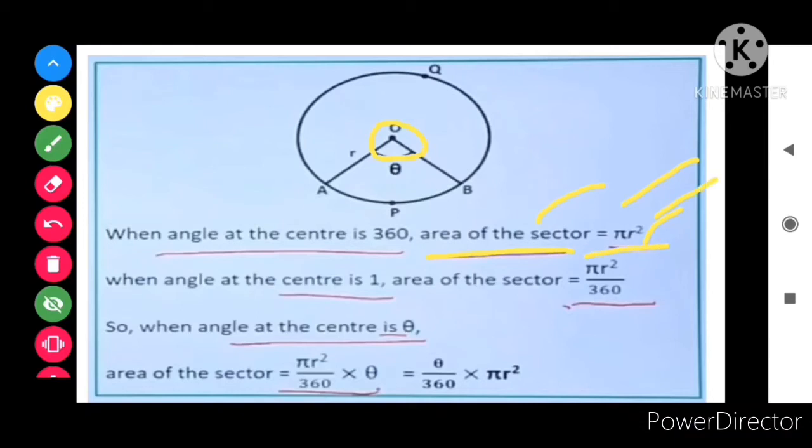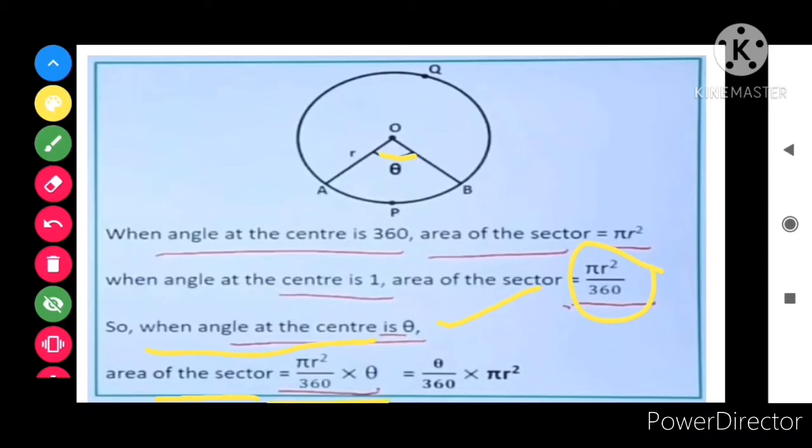Very clear? When the angle at the center is 1 degree, then area of the sector is pi r square by 360. But here we took the angle as theta. So when the angle at the center is theta, then the area of the sector is pi r square by 360 into theta.